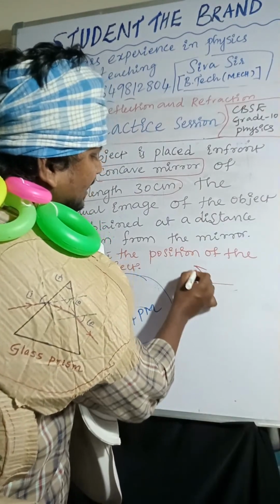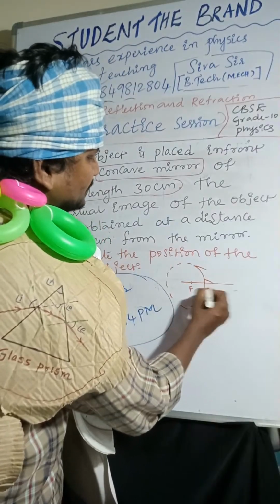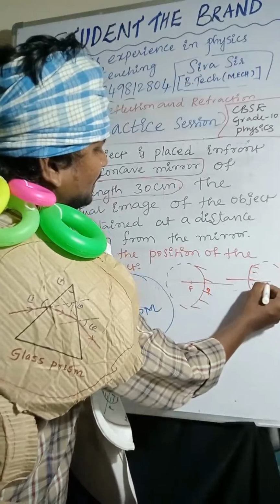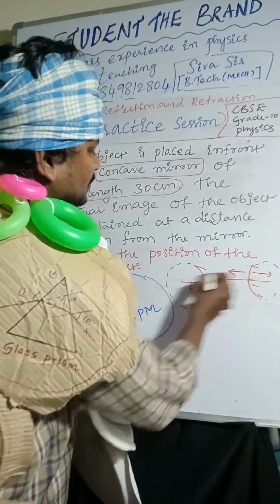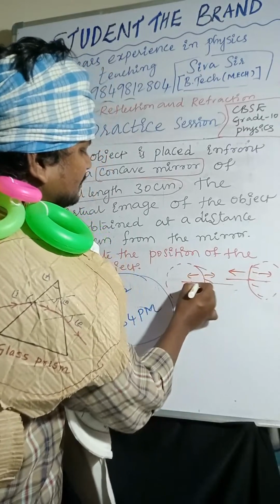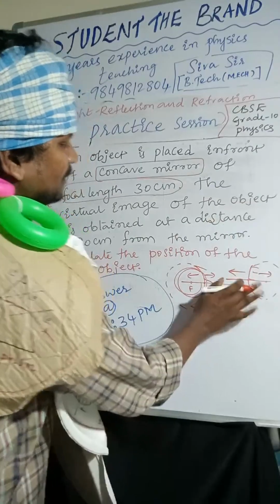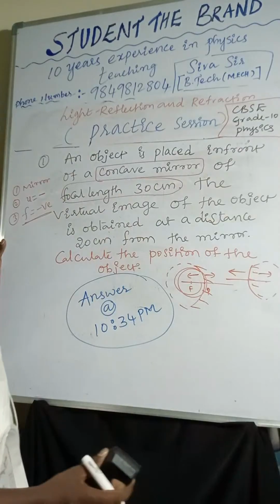For concave mirror, the focus is on this side, focus to pole. For convex mirror, the focus will be on this side. Measured from the pole along the incident rays direction. So here it is opposite to incident rays. So focal length is negative for concave, focal length is positive for convex. Here focal length is negative for concave mirror.